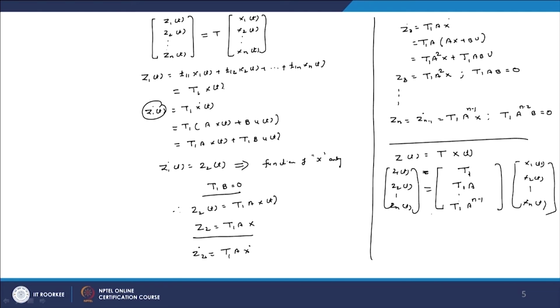So, that means this part we can write directly as T1, T1 A, up to T1 A raised to n minus 1, times x, and this T1 must satisfy the conditions, that is T1 should satisfy the conditions T1 B equal to T1 A B equal to 0.